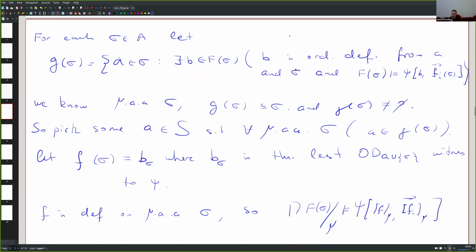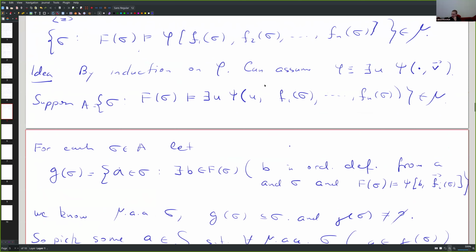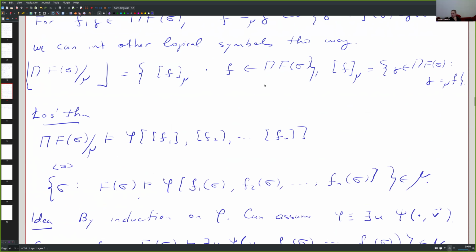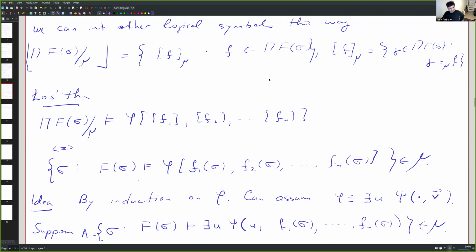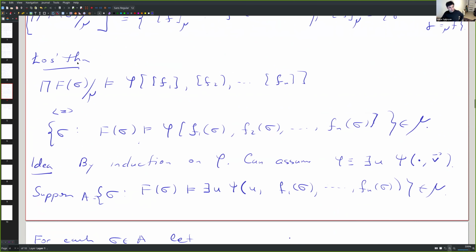So maybe the sigmas need to be closed under some coding or something. Okay, sorry. Yeah, it's a good point. I wanted to just give you the idea of how these things are used, right?